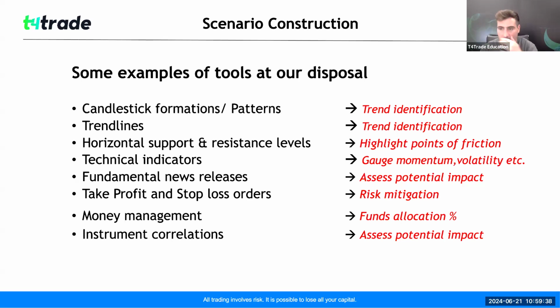Again, other tools at your disposal, super simple, free of charge, and easy for you to actually use: horizontal support and resistance levels. Again, super basic stuff. They highlight the points of friction.